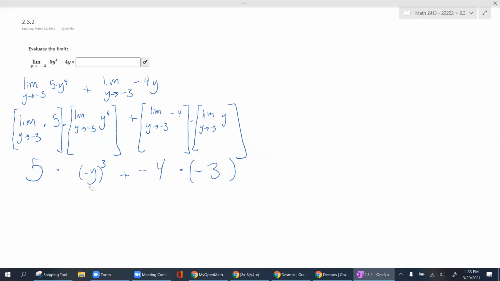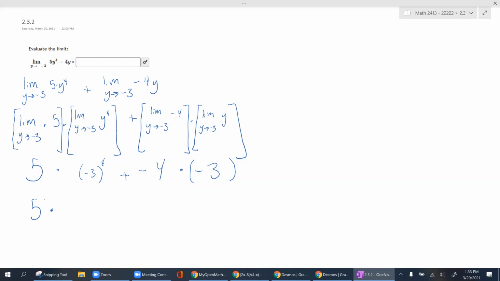Oh, I'm sorry. This first one here should have been... What did I do here? This is negative 3 to the 4th. So this one's going to be 5 times, well, we know it's a negative to the 4th power. A negative value raised to an even power is just going to be positive.